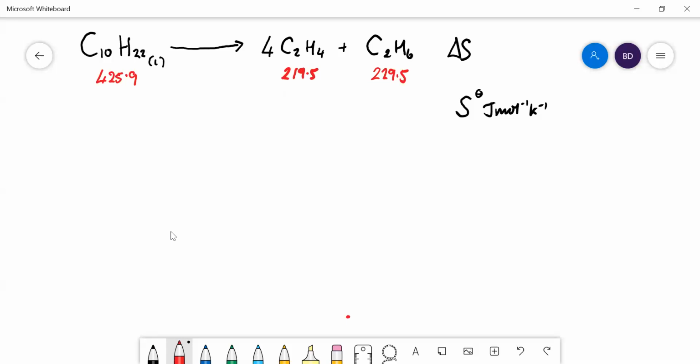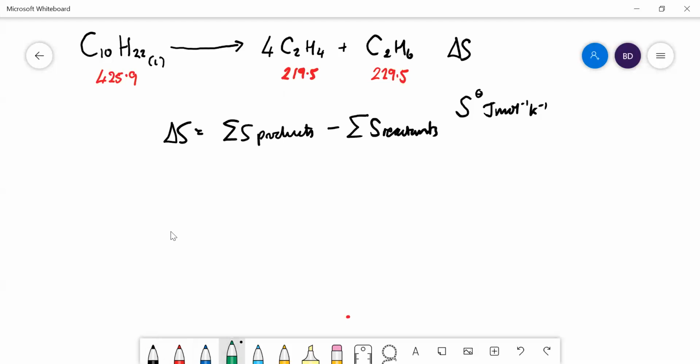So what we have to do is delta S is equal to the sum of the S of the products minus the sum of the entropy of the reactants.